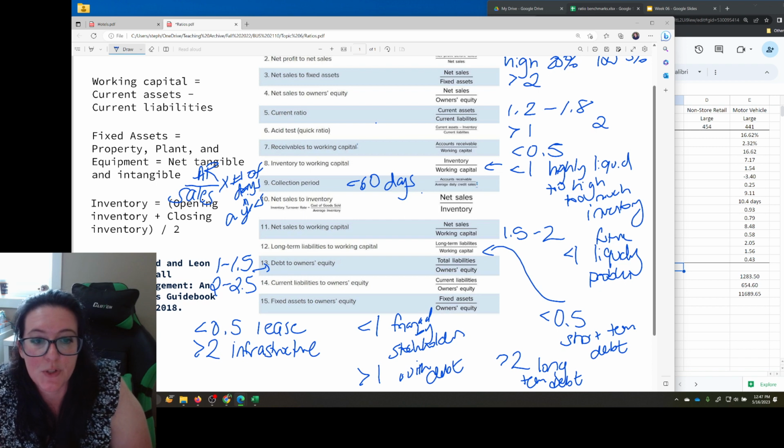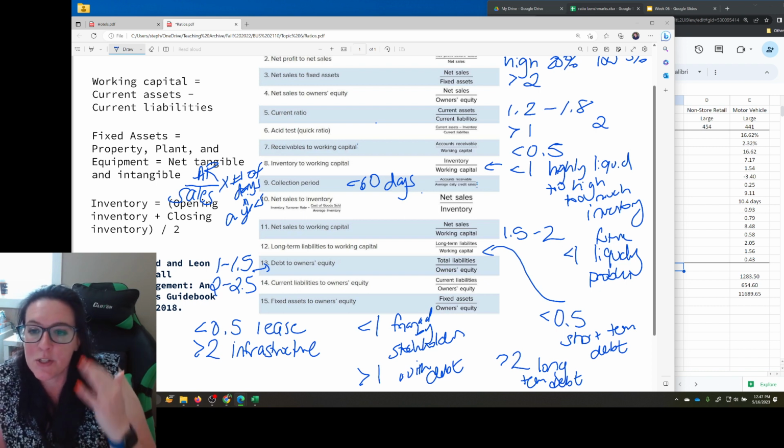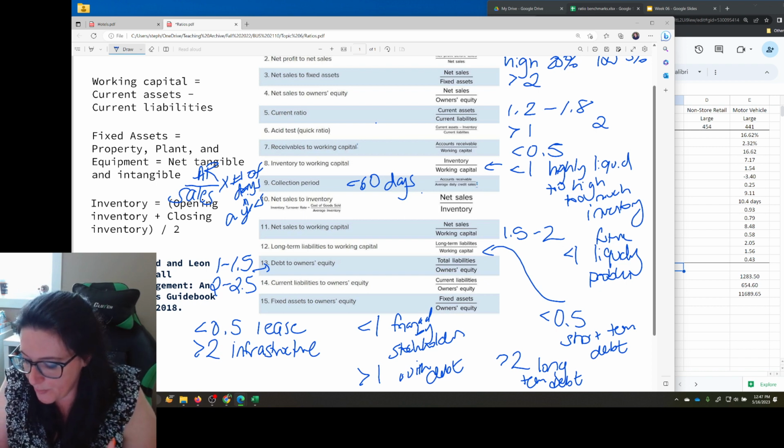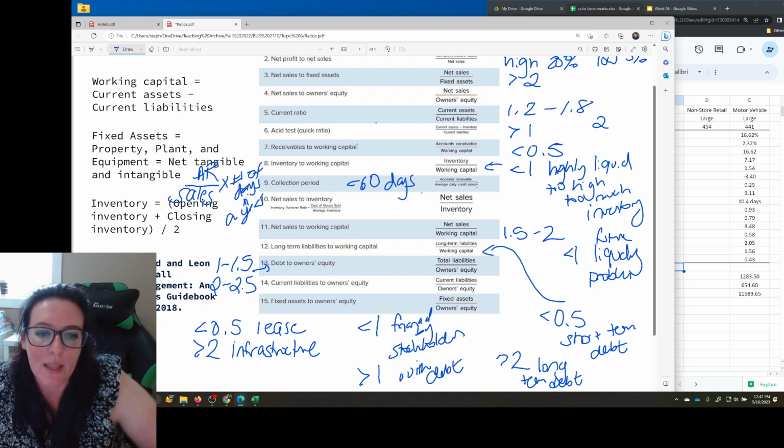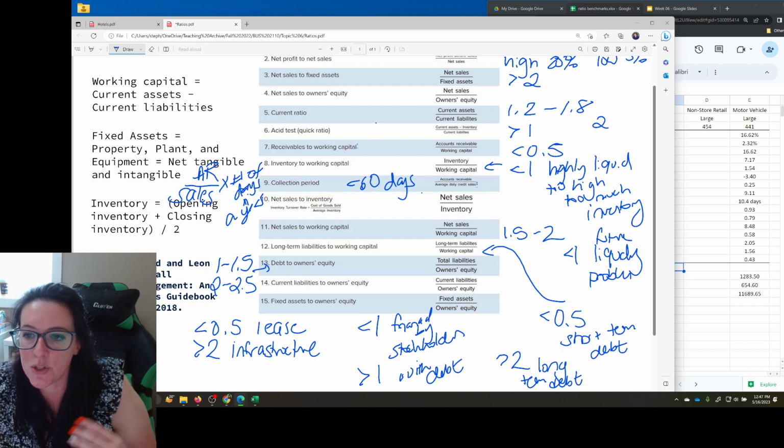Okay, so which would you rather have? Well, if the assets are being financed with debt, which means the number is greater than 1, then as an investor, the concern I would have is that if the business goes under and we liquidate, we sell those fixed assets, then who gets paid first?